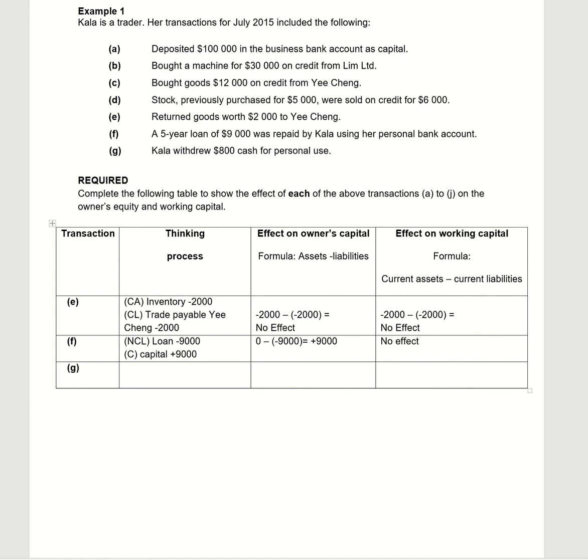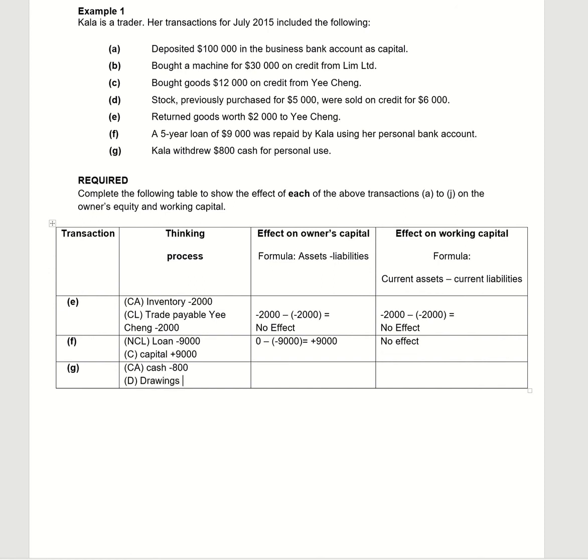What about G? If owner were to take out cash, meaning business cash for personal use, what are cash? Cash are current assets. Cash taken out by the owner will cause a reduction in the business cash. And we call them D because it is meant for personal use. These are owner's drawings.